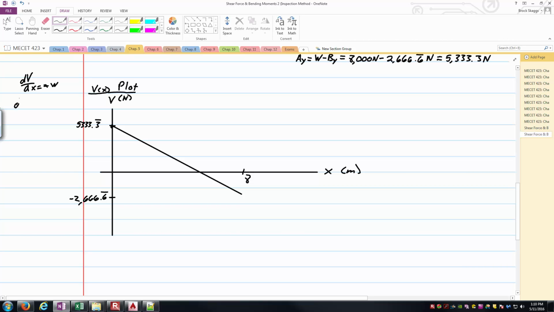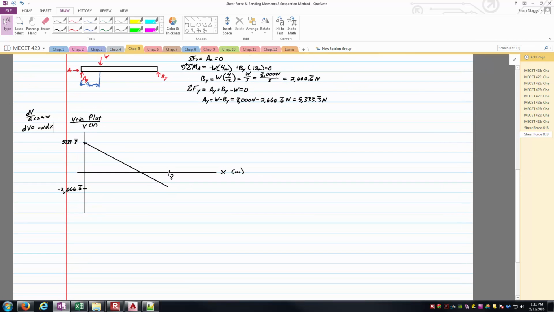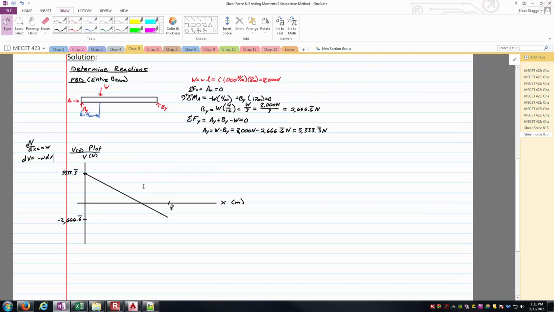And if I kick the dx to the other side, say dV is equal to negative w dx. This negative w dx, you can almost think of that as the area, that's the rectangle associated with our distributed load, and that is equal to the change in the magnitude of the shear force here, which is basically what we've been talking through as we drew this line.